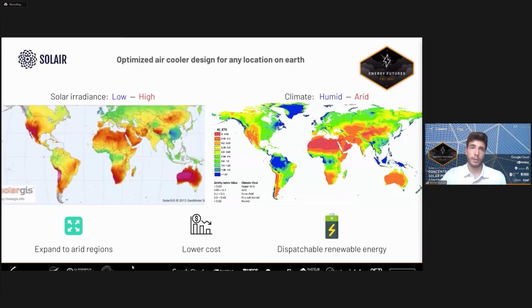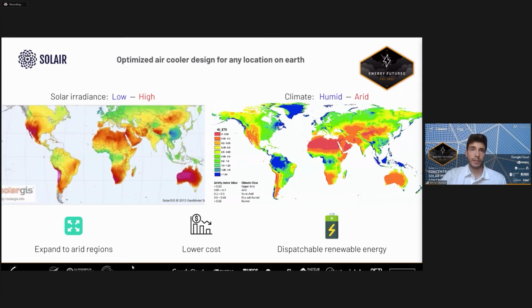Thank you, Will. So we've now seen that our solar air simulator gives us an optimized air cooler design for any location on Earth. To put this into perspective, I'd like to show you two global maps of the annual solar irradiance on the left and the availability of water on the right.